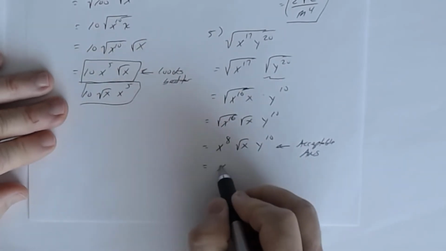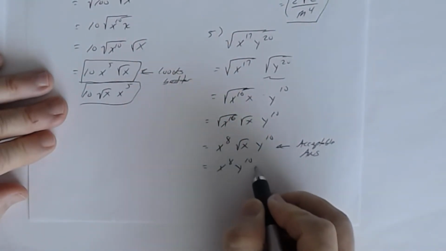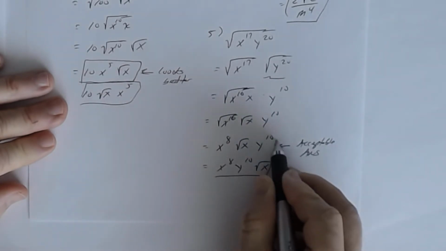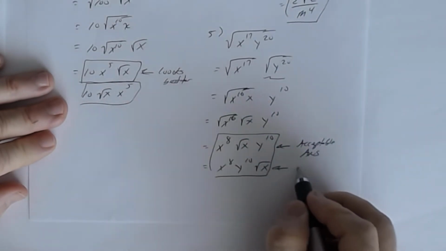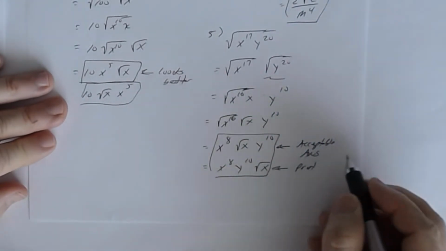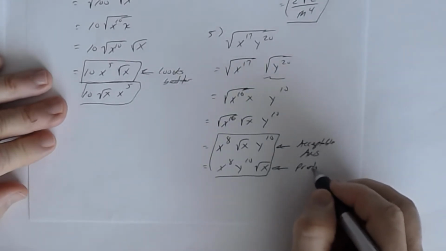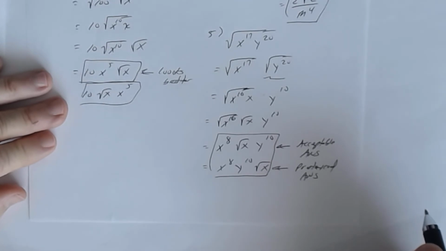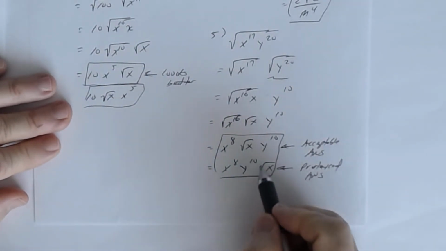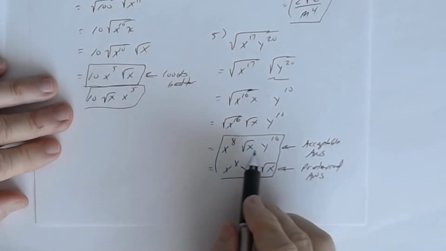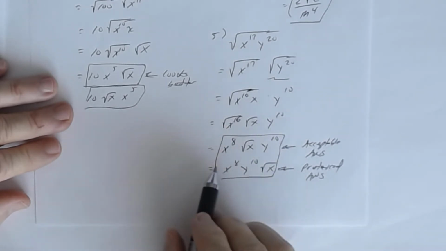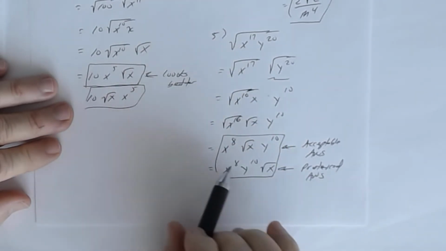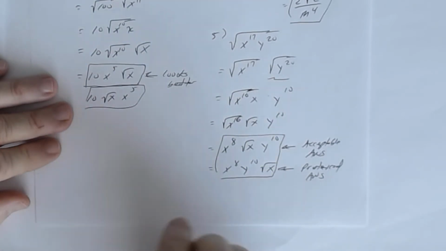So this becomes x to the 8th, y to the 10th, square root of x. All right. So either one is fine. So this would be the preferred answer. Okay. See how the variable expression is at the end. Okay, but it doesn't matter. As long as you simplify this, it does not matter. This is preferred.